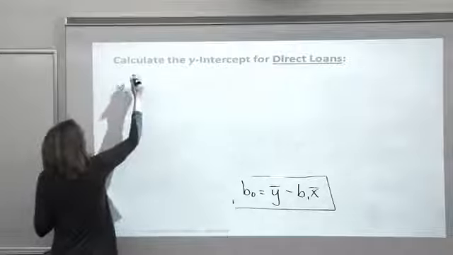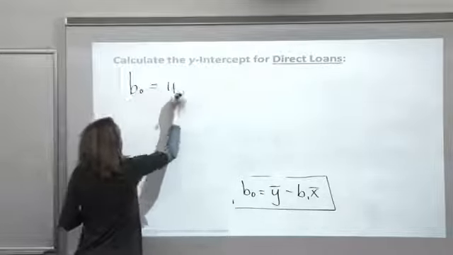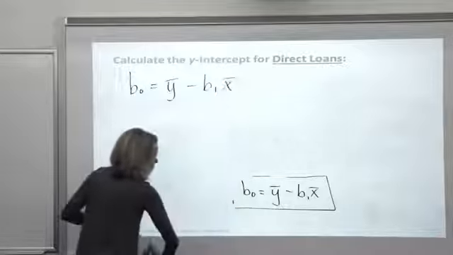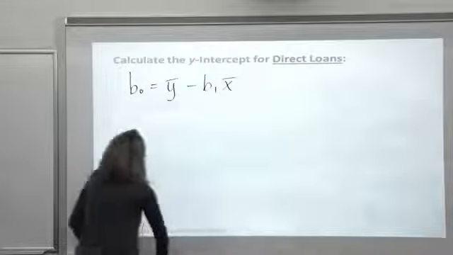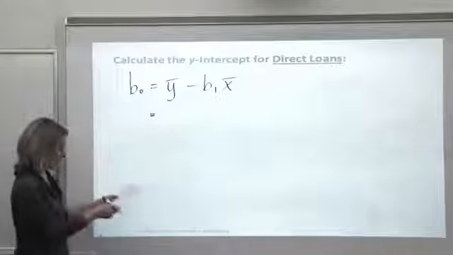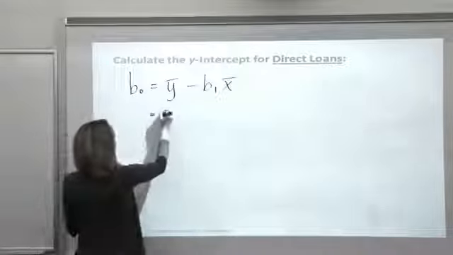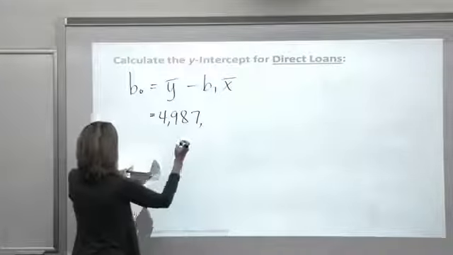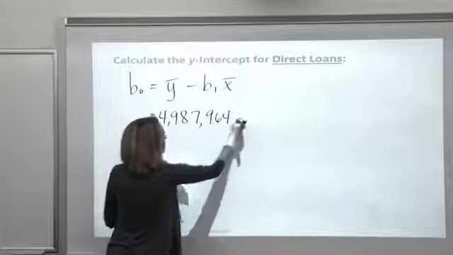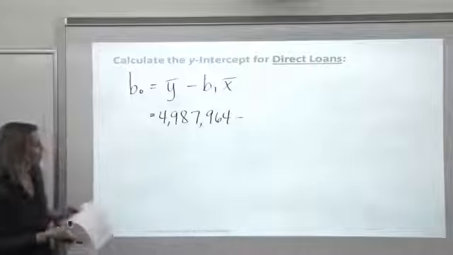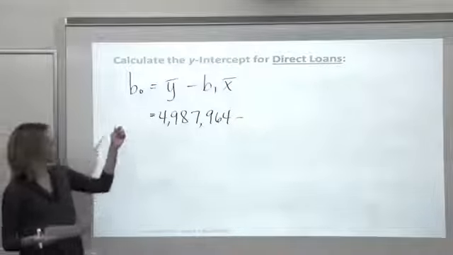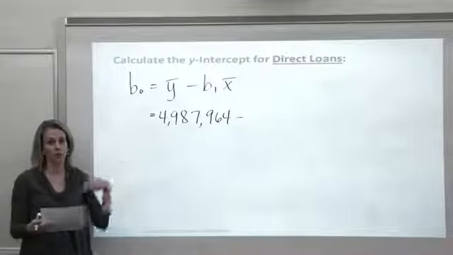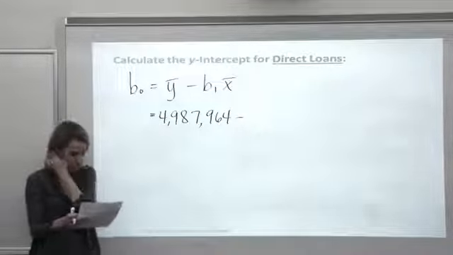All right, so here was my formula. If we plug in the average y value, and the slope that we just computed, you'll notice that for the y-intercept formula, you need the slope. So you have to do the slope first if you're going to be finding these with formulas.